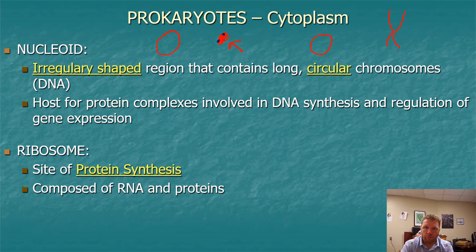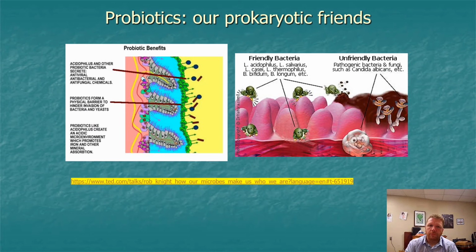There's all my proteins right there, clumped down onto that. Now, the next thing is your ribosome. This is your site of protein synthesis, and it's composed of RNA, ribonucleic acid, and proteins. So, I made a mark on my slide.